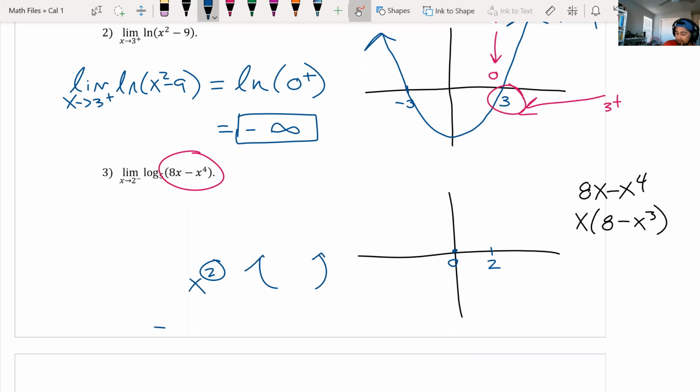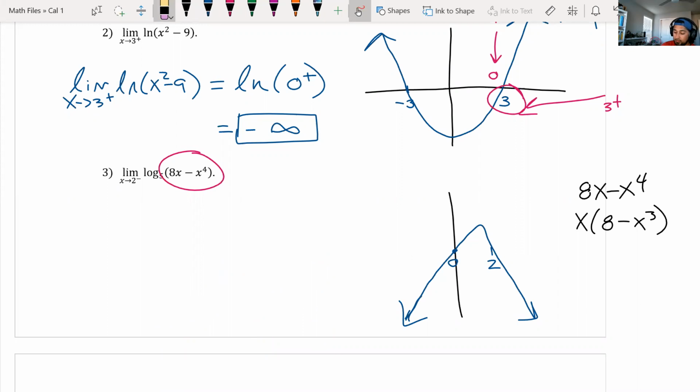But if you put a negative in front, your tails will always open down, because that's a negative x to the 4th, right? Which means my function would just look something like this. Probably just ugly like this. There you go. There's your sketch.